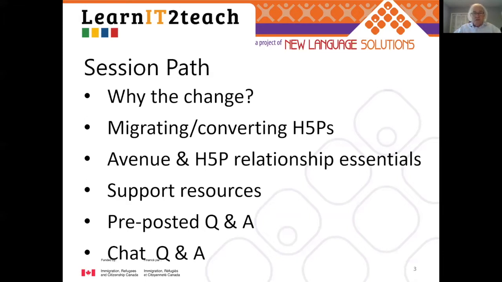Also, I'll go through a series of supporting resources that you can draw upon if you want to be a little more ambitious or just to get some assistance. There are some pre-posted Q&As, about 6 or 7 questions that I will address. And then I will look at the chat window to see your questions from this session. Okay?